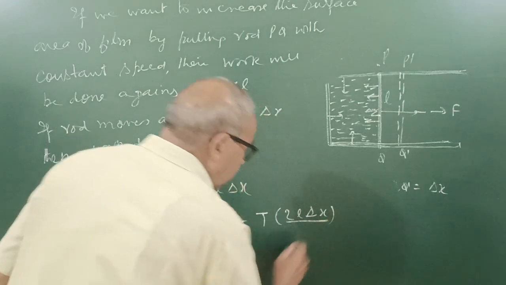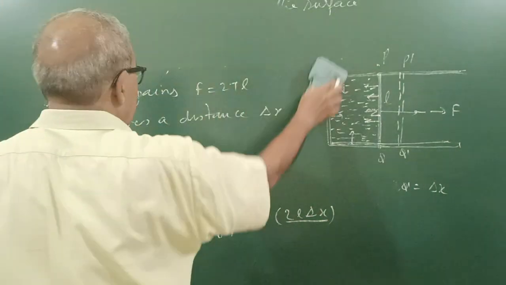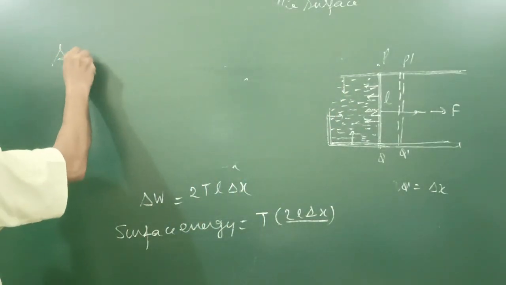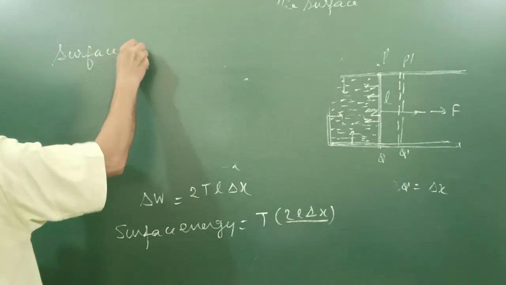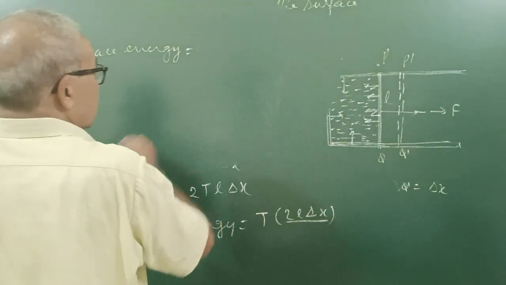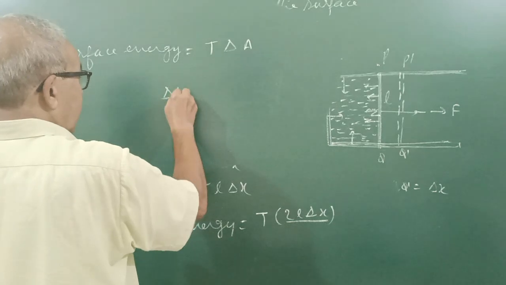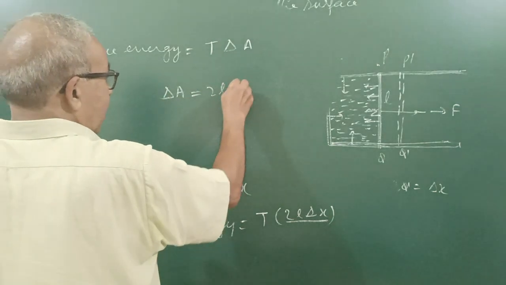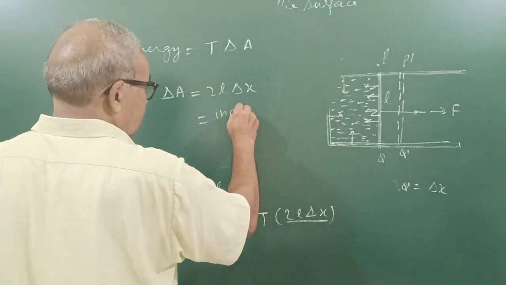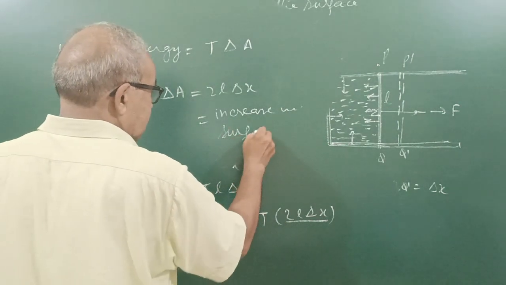So we can write surface energy is equal to surface tension T into delta A. Delta A is equal to 2L delta x, which is the increase in surface area.